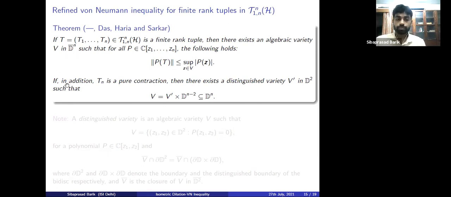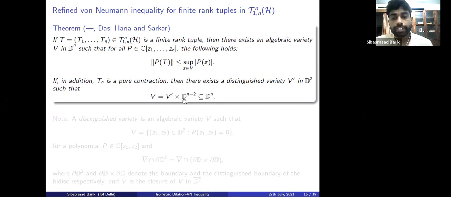And moreover, if Tn is a pure contraction, so according to the assumption of our class, the first n-1 tuple was pure, but if we impose the purity condition on the last component as well, then the variety V has this form, where V prime is a distinguished variety in the unit bidisc, and V has the form V prime times the (n-2)-polydisc.